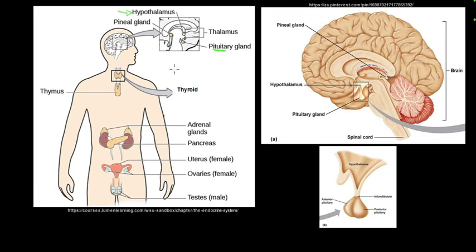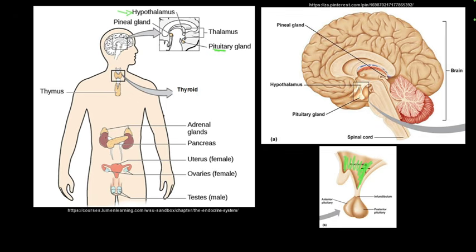Looking at the diagram on the right of the brain, this area that is enlarged here is where you would find the hypothalamus and the pituitary gland. So the hypothalamus is this area over here, and then the pituitary gland are these two dangling things that you see here. And you get an anterior and a posterior side of the pituitary gland, but you do not need to know that.